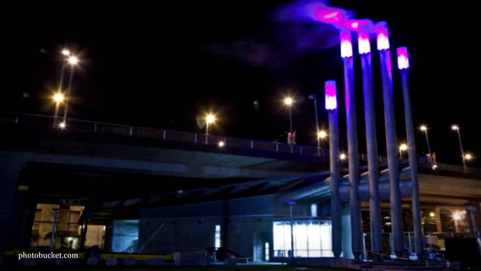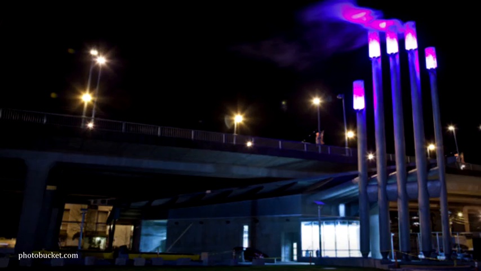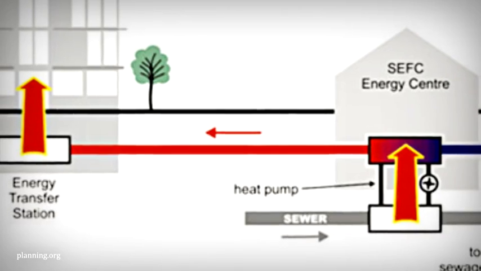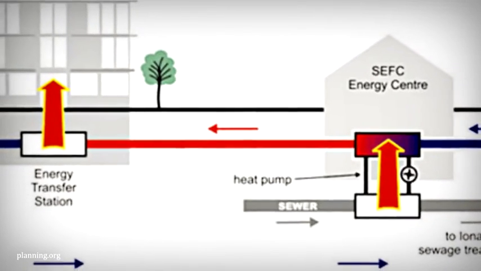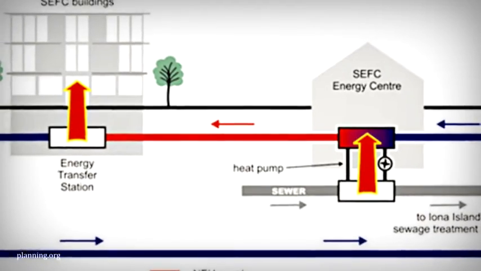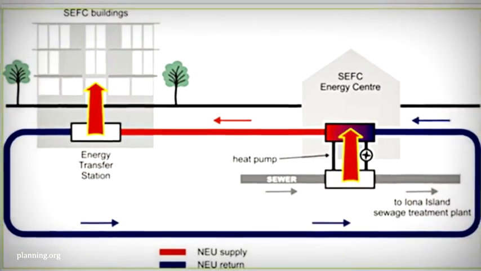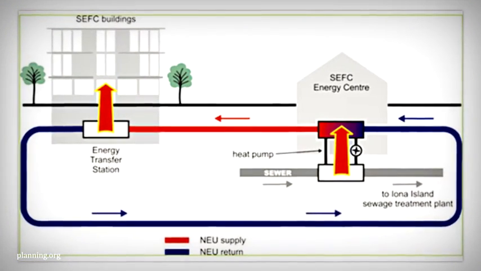At the Olympic Village in Vancouver, a district energy facility was created to serve the wider neighborhood where it's located. And among its many innovations is that it harvests heat from the sewer lines and reuses it for heating buildings rather than literally flushing the energy down the drain.